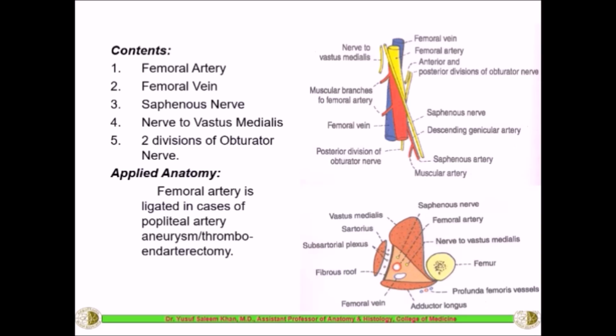This is the area in the adductor canal where the femoral artery can be easily traced, and it can be easily ligated in this region. So this is one of the important applied aspects related to the contents of the adductor canal. The femoral artery, if it is to be ligated, this is the site where it can be easily caught hold of, as well as tied.